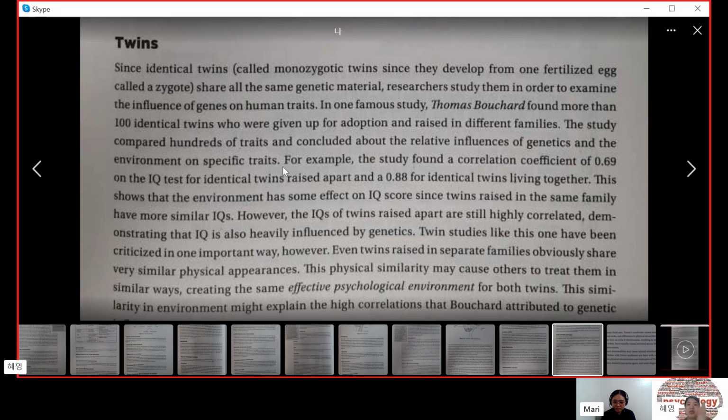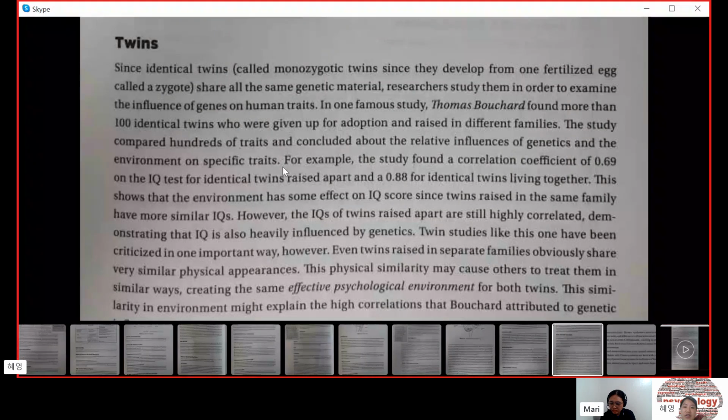For example, the study found a correlation coefficient of 0.69 on the IQ test for identical twins raised apart and of 0.88 for identical twins living together.